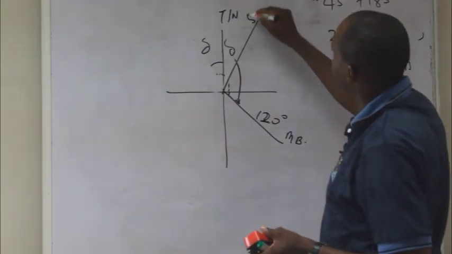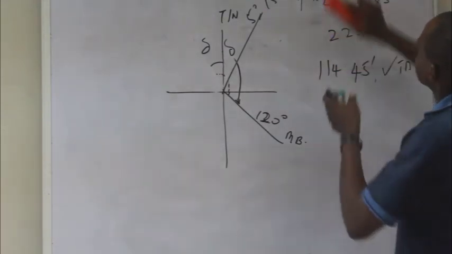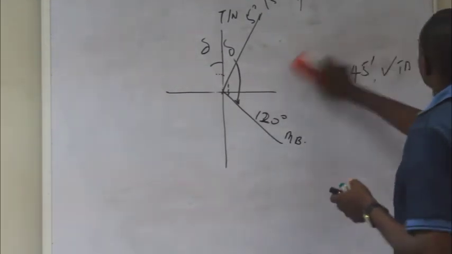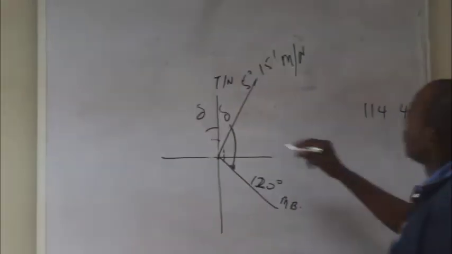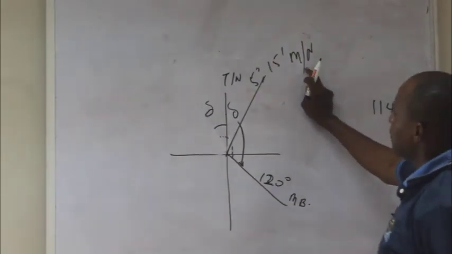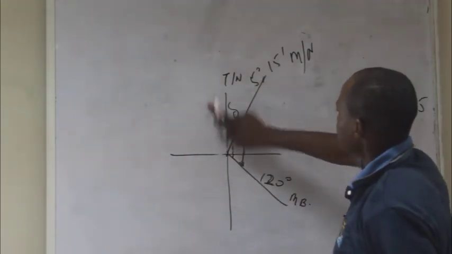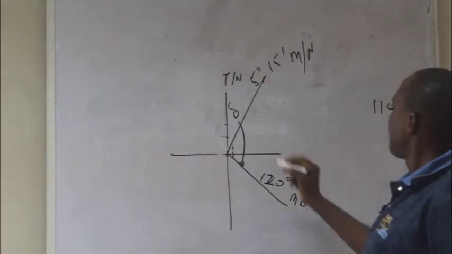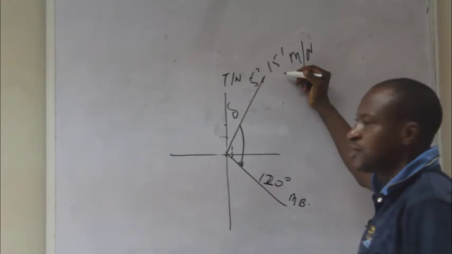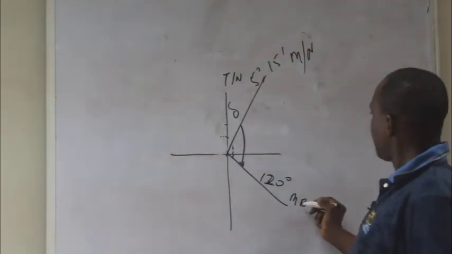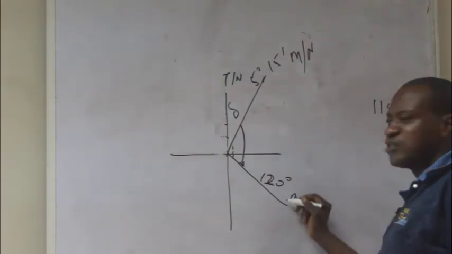So if the magnetic north is here, because the declination is here, and this is true north, magnetic north is this, and we have taken my magnetic bearing from the magnetic north, and it gives us 120 degrees.